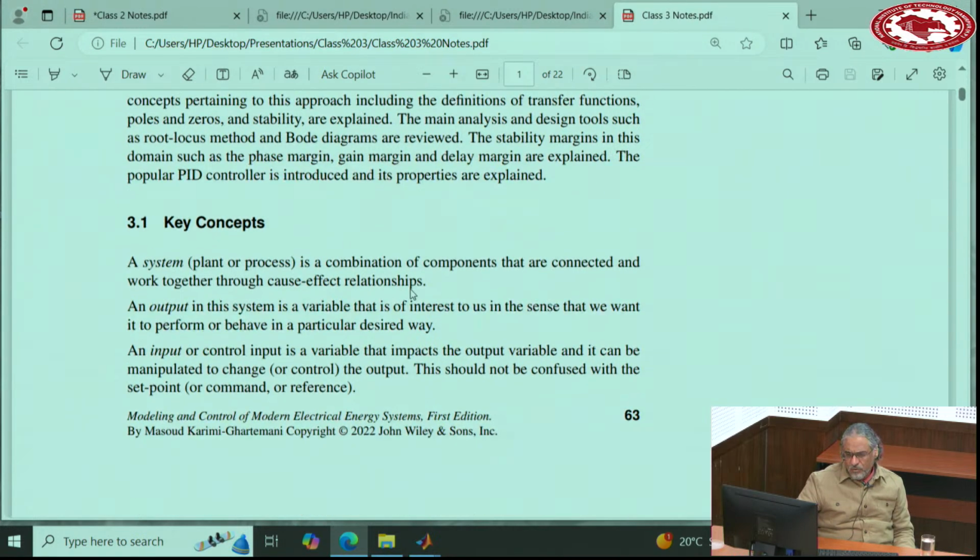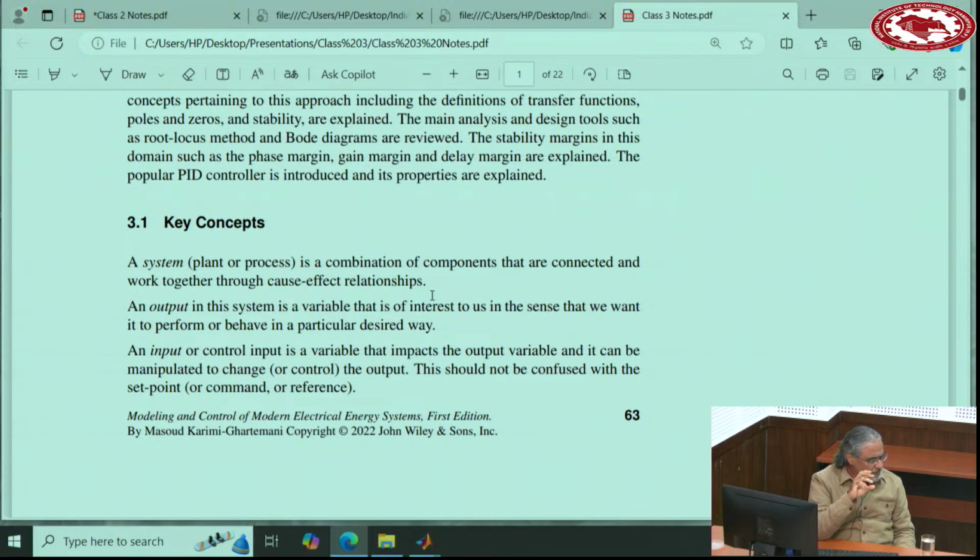Before going into details, let's define a few terms, because we use these terms all the time in control. It could be a system, a plant or a process. It's the system that you want to control. If it's a converter, we call that converter a plant or a system or a process. These are the terminologies that people use.